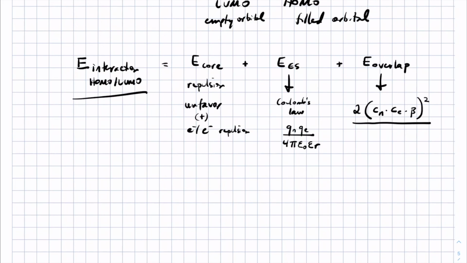But here's the major point: divided by the difference in energy between the HOMO of the nucleophile and the LUMO of the electrophile. And I may or may not have that in the right direction, so we'll think about a sort of absolute value.